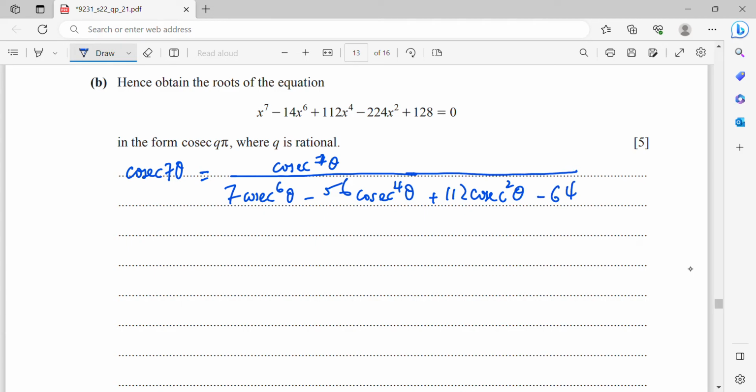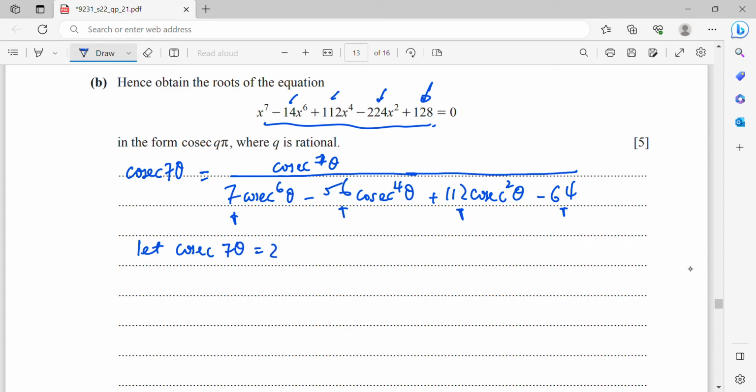Okay, so when you compare with this, now I notice that this 128 is double of this, 224 is double of 112, 112 is double of 56, 14 is double of 7. So how to get double? Means that the cosec 7 theta is 2. So I let cosec 7 theta be 2.